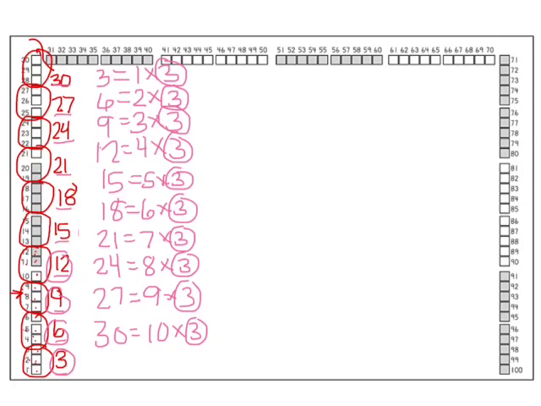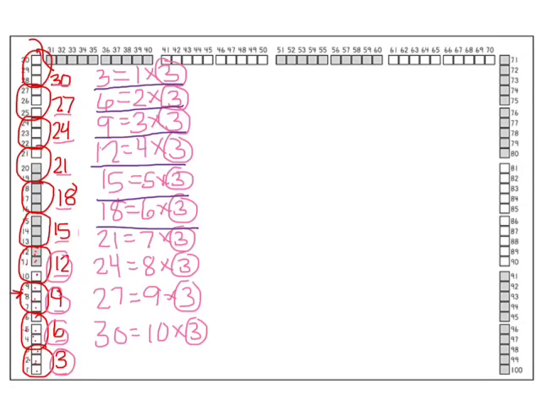All right. 3 equals 1 group of 3. 6 equals 2 groups of 3. 9 equals 3 groups of 3. 12 equals 4 groups of 3. 15 equals 5 groups of 3. 18 equals 6 groups of 3.